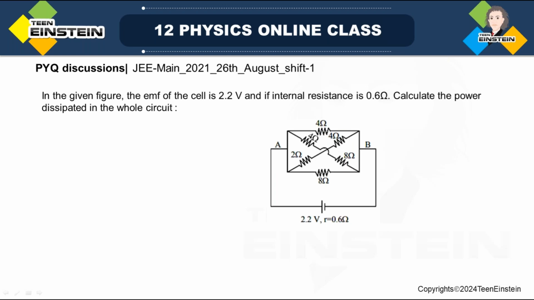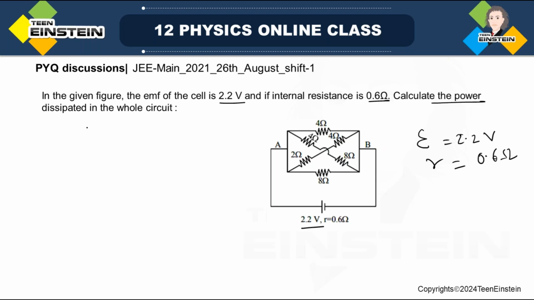This problem says, in the given figure, the EMF of the cell is this much. EMF is given, internal resistance is given. So EMF is 2.2 volt and internal resistance is 0.6 ohm.